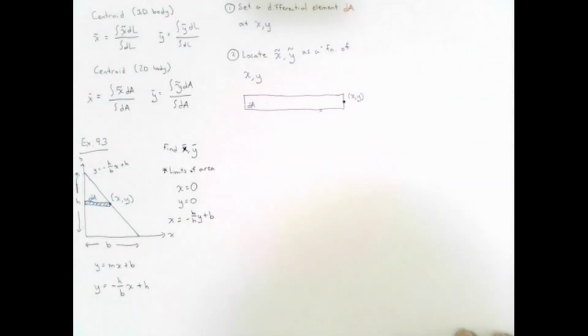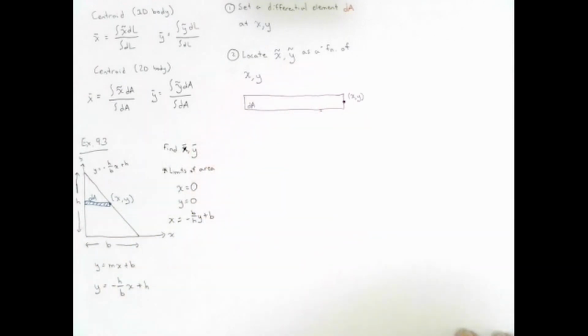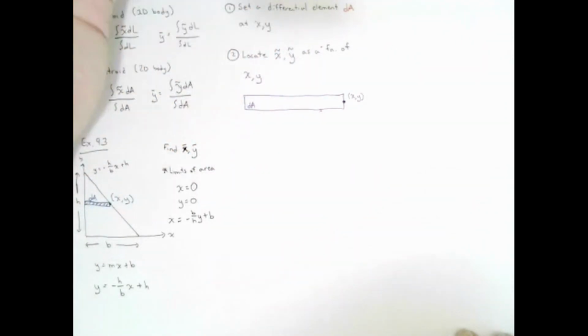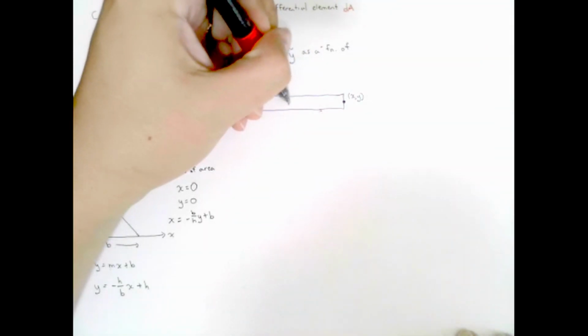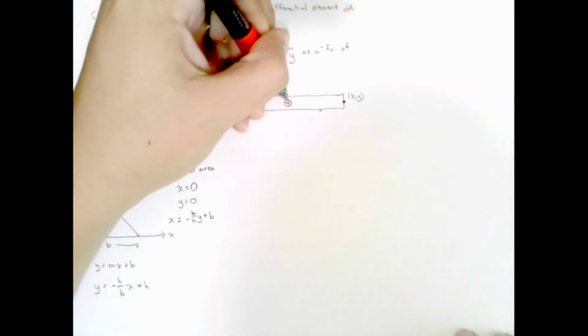Now my question is, where do you think the centroid of this element is located? In the center of the rectangle? Yep. Look at this element. We have essentially a rectangular element. So my centroid will be located right at its center.